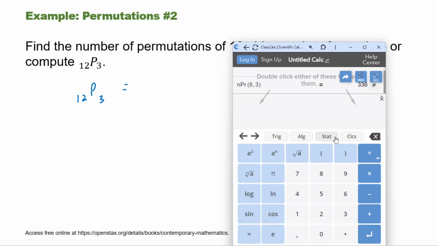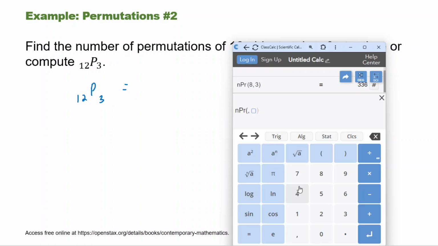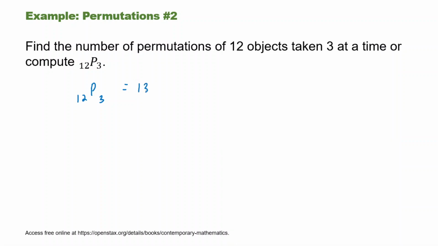I will, from my scientific calculator, choose Stat, NPR, and input 12, 3. NPR 12, 3 is 1,320. So if you have 12 objects taken 3 at a time where the order matters, there are 1,320 combinations.